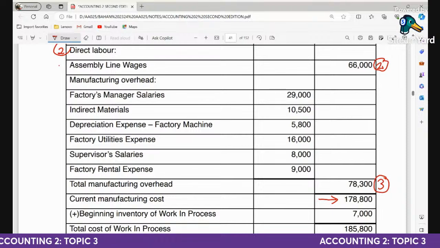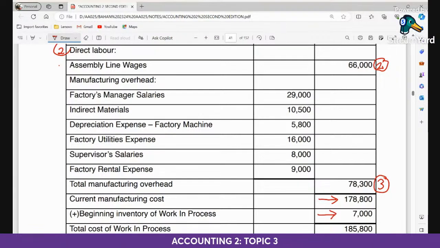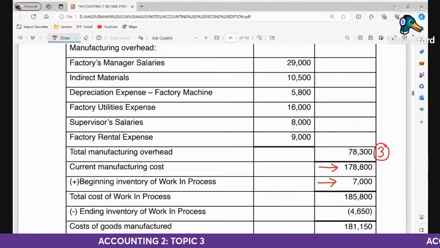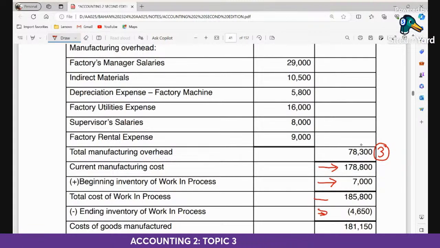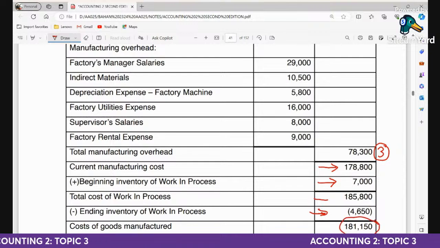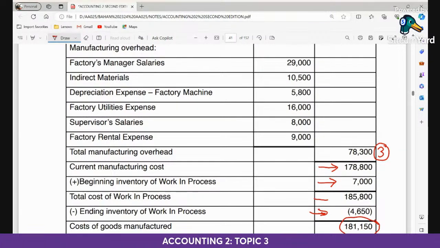And then we add beginning inventory of work in process, which is given in the question. You will get total cost of work in process. And then I minus the ending inventory of work in process, I will get cost of goods manufactured, 181,150.